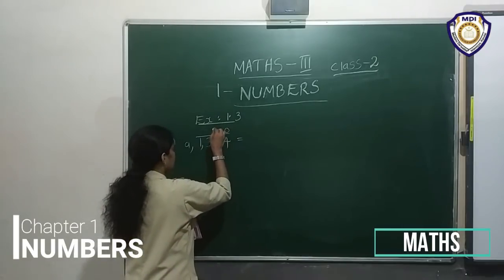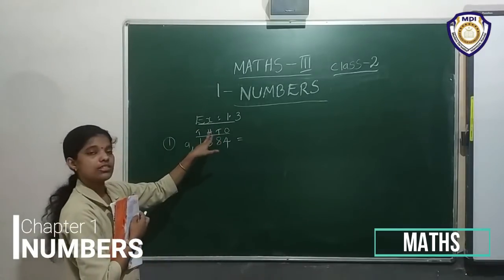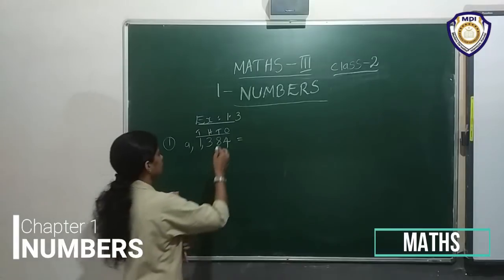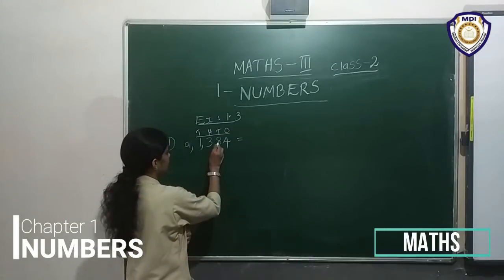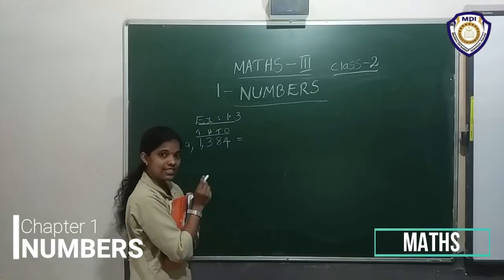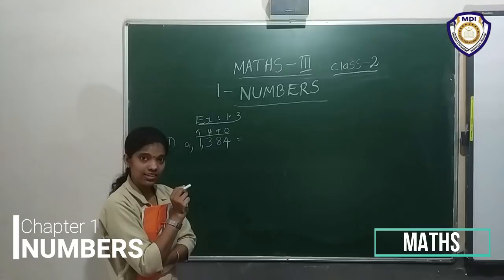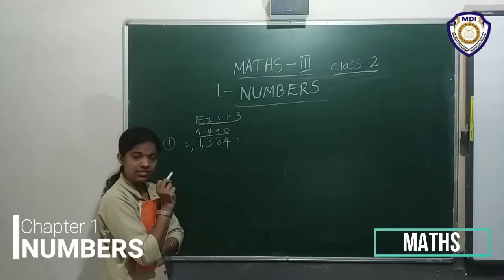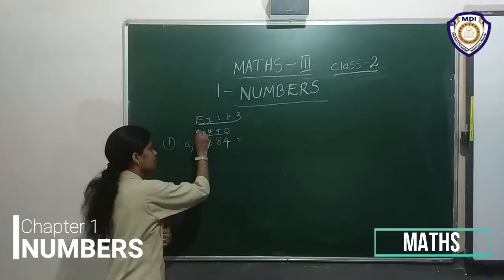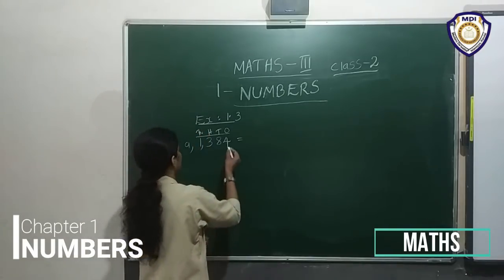Ones, tens, hundreds, thousands. 4 ones, 4. 8 tens, 80. 3 hundreds, 3 into 100, 300. 1 into 1000, 1000. Okay.